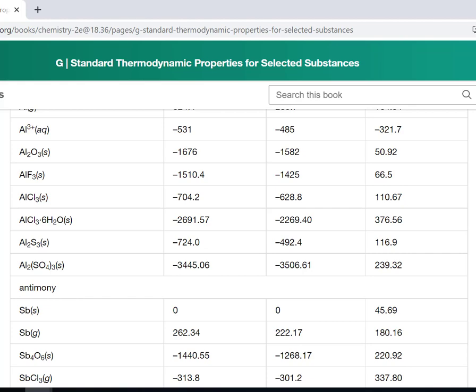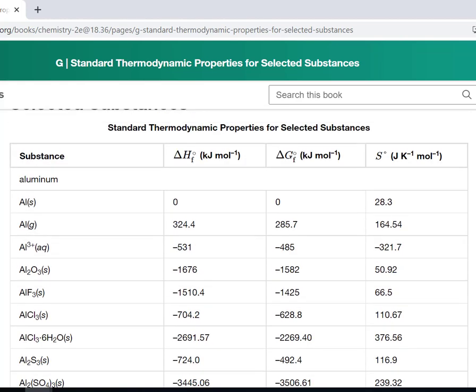What you'll notice as you look at this table is that 0 comes up a lot, and it comes up for elements by themselves. Elements by themselves have a heat of formation of 0, and that is basically our sea level. That's what we have defined as delta H being 0 when we have just the elements. And you'll see how that makes things convenient as we end up using this shortly.